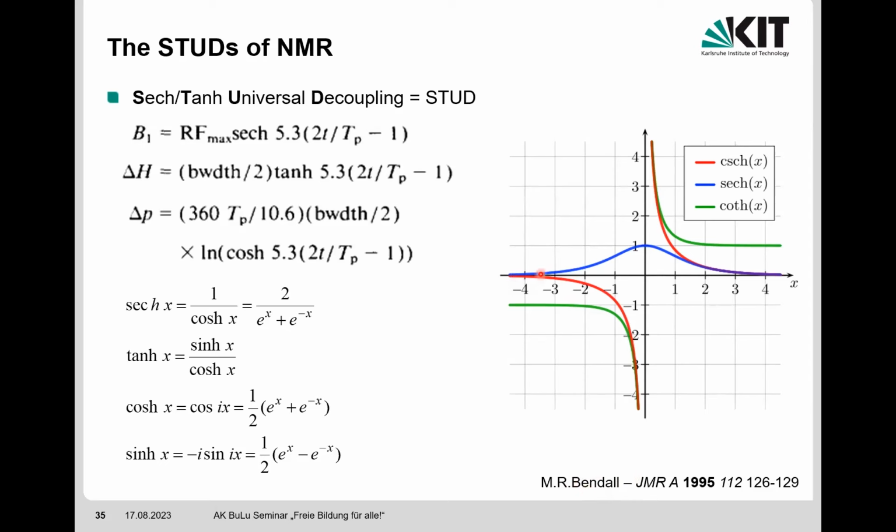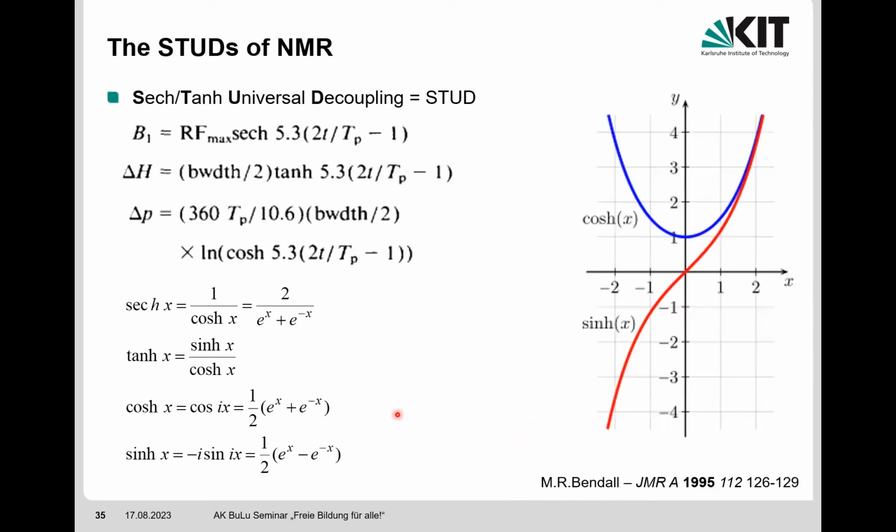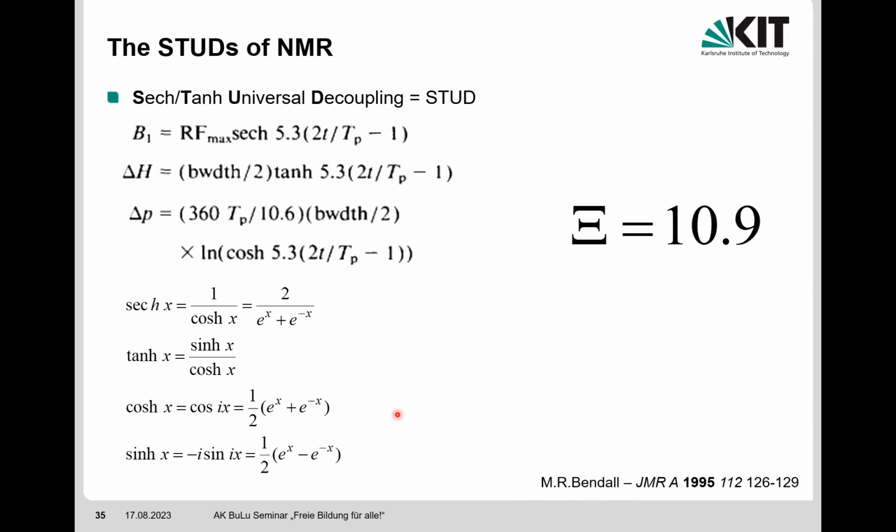So this is a second tangens hyperbolicus adiabatic pulse. So you see here the blue line gives the amplitude and the frequency is given by this tangens hyperbolicus shape. That's the frequency sweep that is applied. And well, he got a Xi of 10.9, which is quite remarkable.